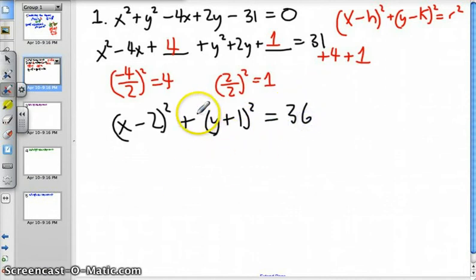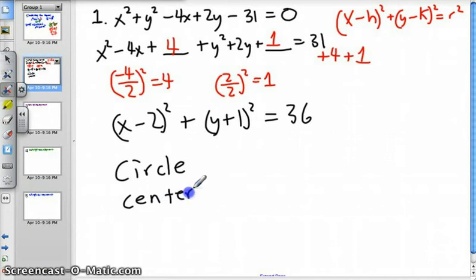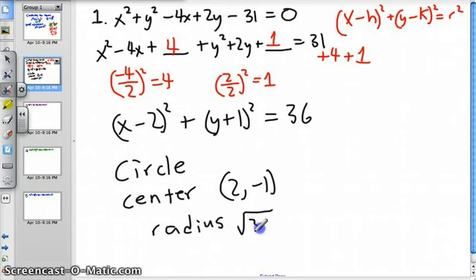And now I can easily see that this is a circle, and its center is at 2, negative 1, and it has a radius of square root 36, which is 6.